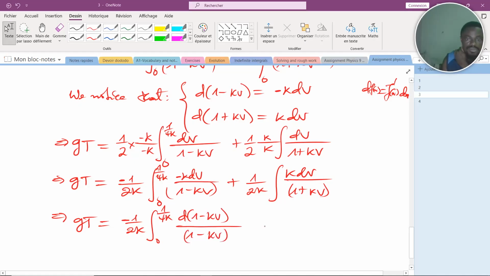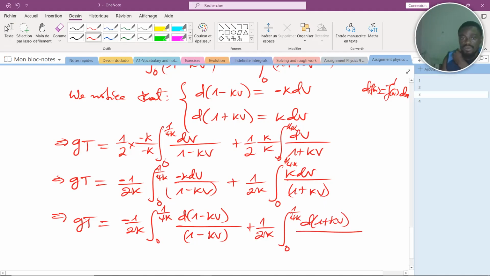Is that okay? Plus 1 all over 2k integral, the boundary 0 to 1 on 4k, don't forget 0 to 1 on 4k. Is that okay? Of this, k dv is the same as d of 1 plus kv.